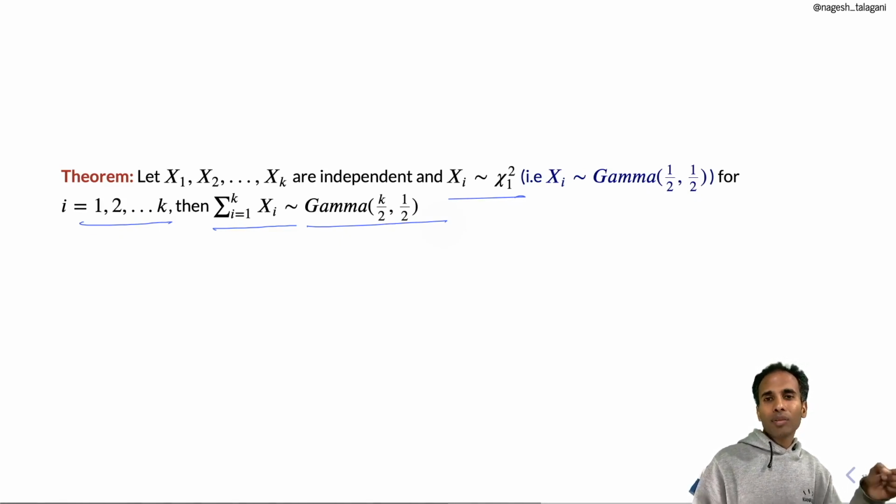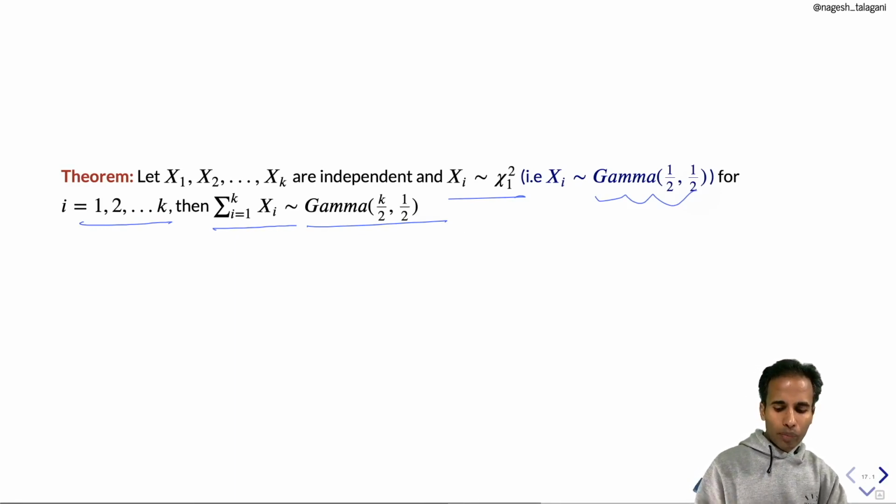Chi-square distribution with 1 degree of freedom is nothing but gamma 1 by 2, 1 by 2. So each Xi can be seen as a gamma random variable with parameters 1 by 2 comma 1 by 2. So here alpha 1 equals alpha 2 equals and so on, alpha k equals 1 by 2, and lambda equals 1 by 2.